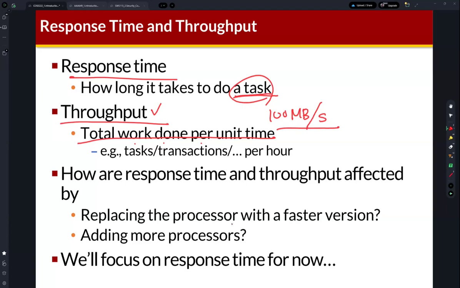But if we measure the amount of work done by a certain system, then we can use throughput. So based on the target purpose of the system, we can use different types of performance metrics.